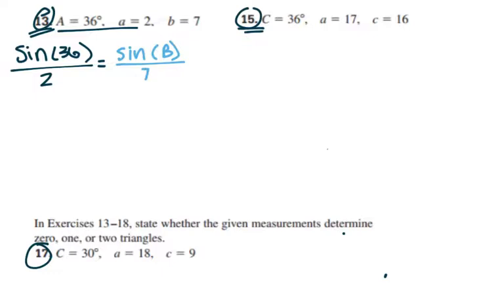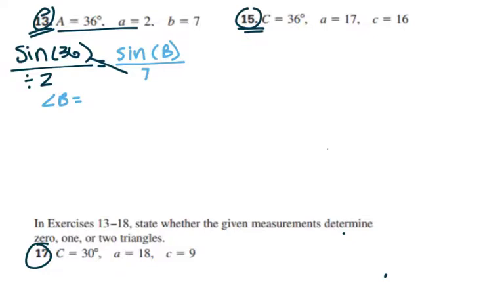And then once I find that angle B, that's where I end up making the second case. So let's go ahead and find angle B. So angle B is going to come from taking sine of 36, multiplying it, dividing by 2, and then taking the sine inverse of that. So we're going to do sine of 36 times 7 divided by 2, and then that decimal I'm going to take the sine inverse of.